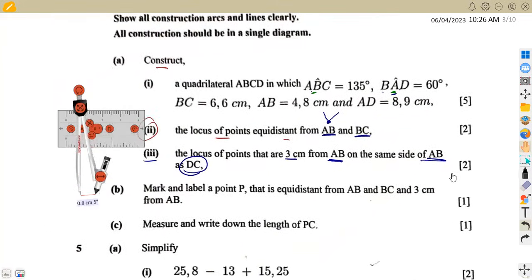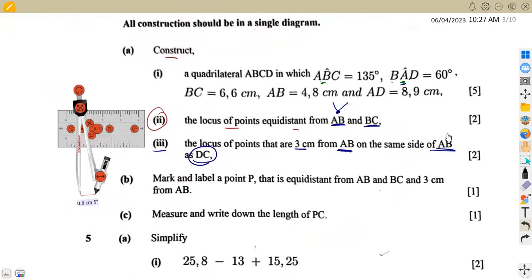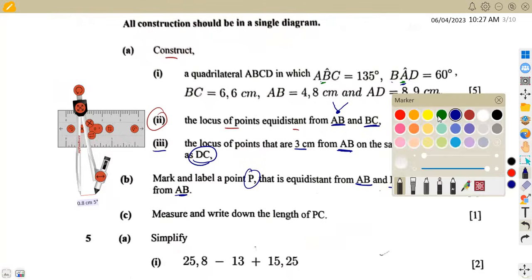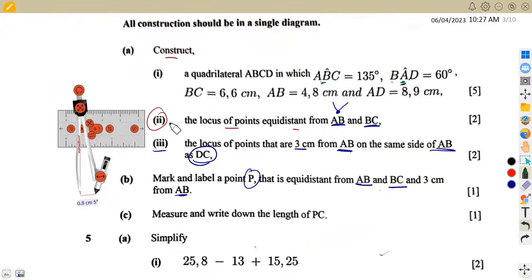The D part, we were given to mark and label P that is equidistant from AB and BC, and 3 centimeters from AB. If you take note, the point P is a combination of these two loci, the locus item 2, equidistant from AB and BC, and the locus item 3, 3 centimeters from AB, which is the one that we got.